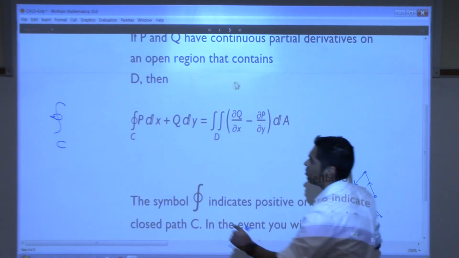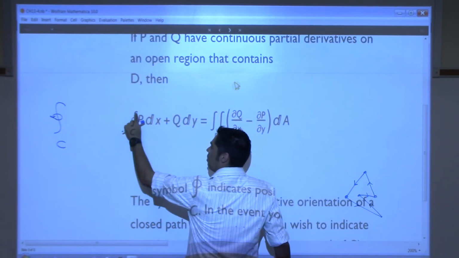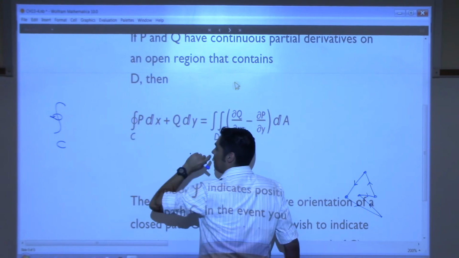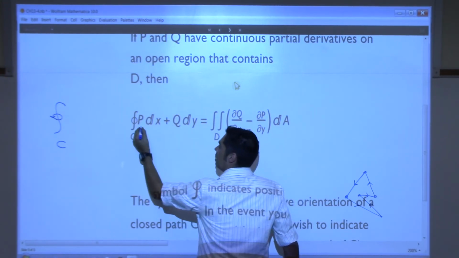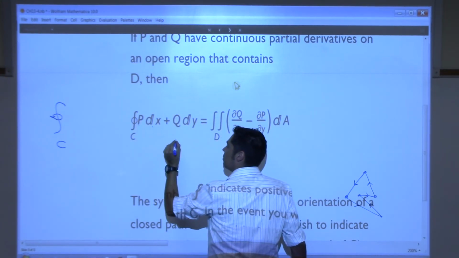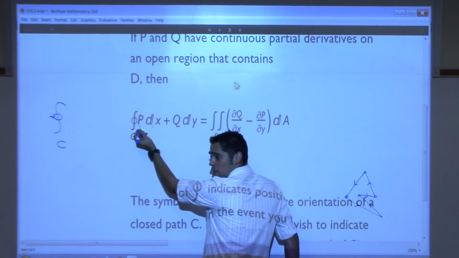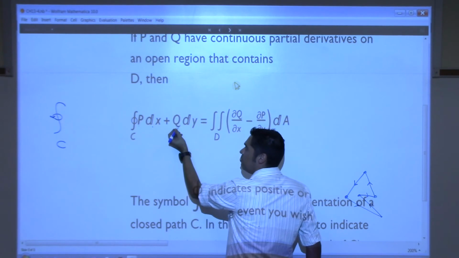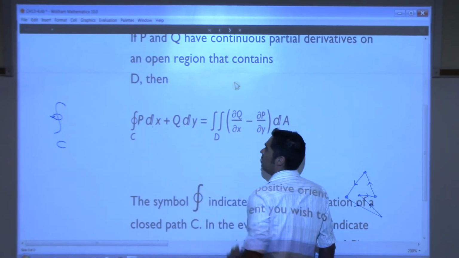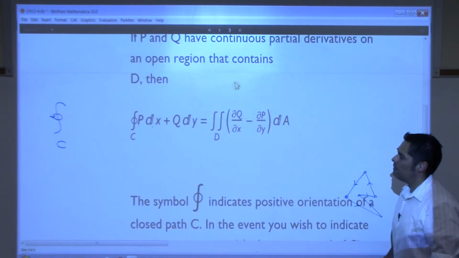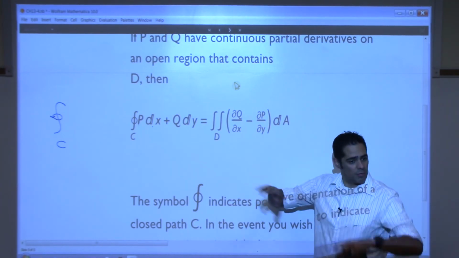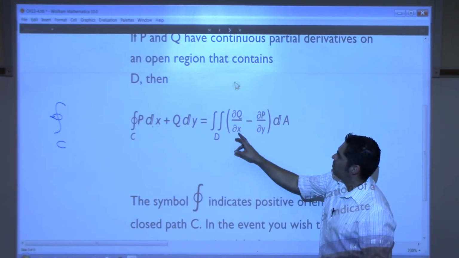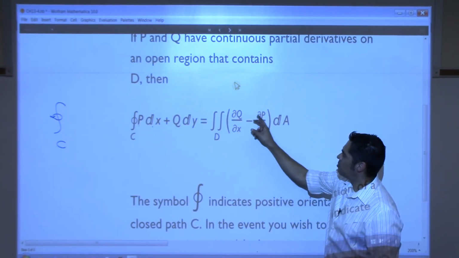And so the line integral over the closed curve C in positive orientation of P dx, where P is a scalar function with respect to x, plus Q dy, with Q another scalar function, is equal to the double integral over the region D, which is the region it encloses, of the partial of Q with respect to x minus the partial of P with respect to y.